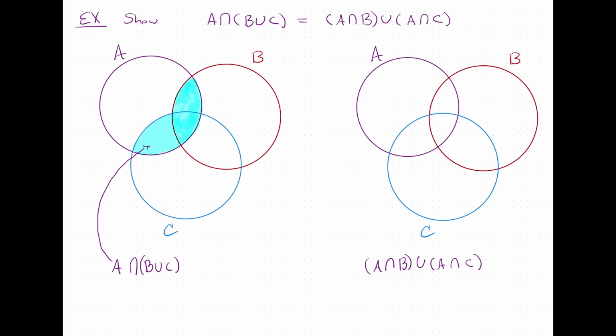Now if we turn our attention to A intersect B union A intersect C, we can see that A intersect B is going to be this portion right here. So this here will be the A intersect B. And so let's go ahead and shade that in.